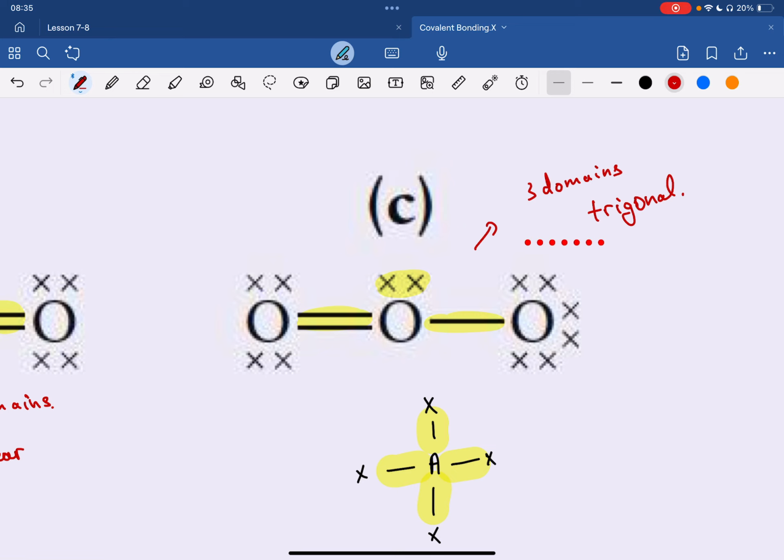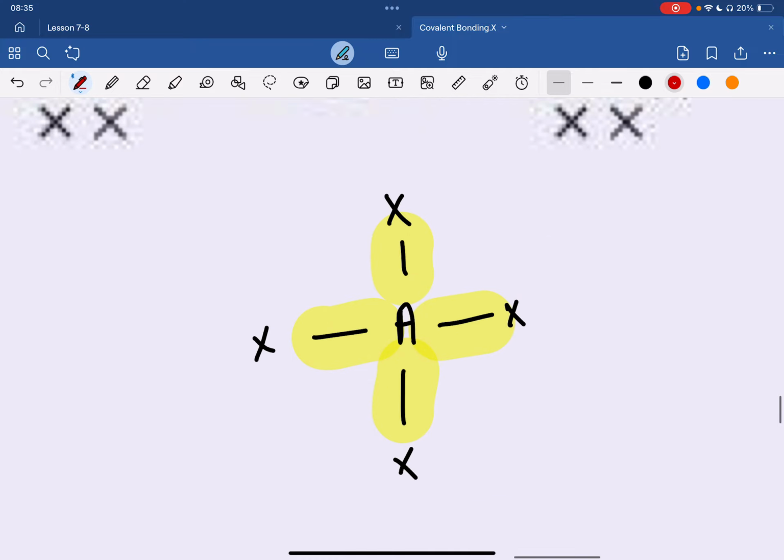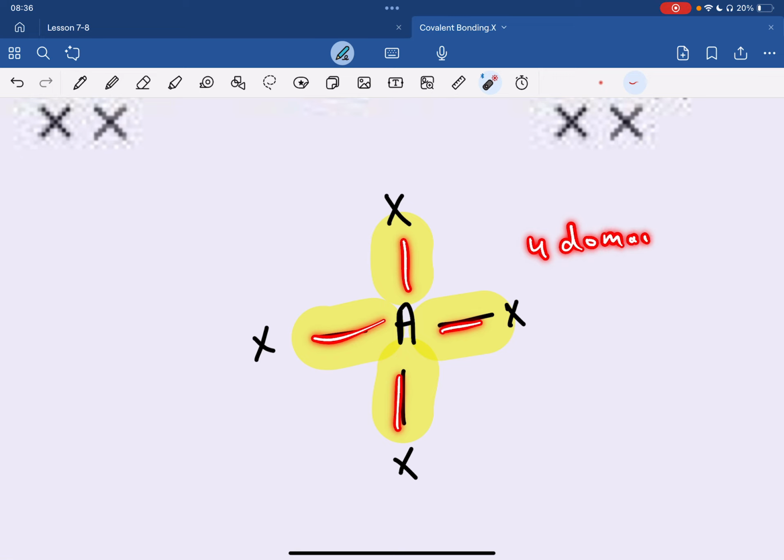Please don't forget them. Let's check this example I have added here. This element is the central element, and it has one, two, three, four domains. Four domains means tetrahedral electron domain.